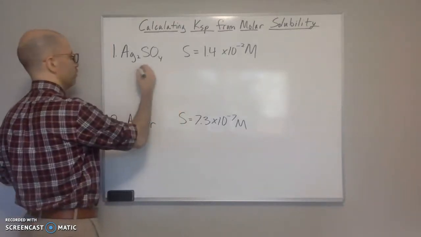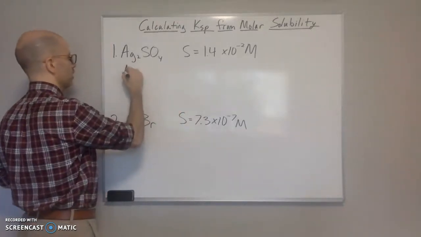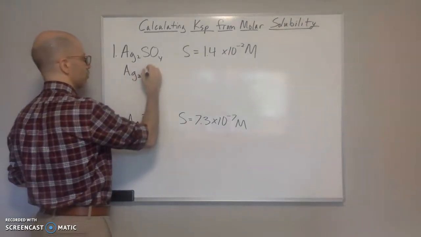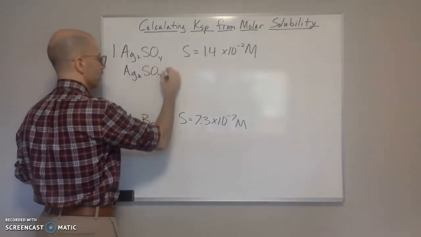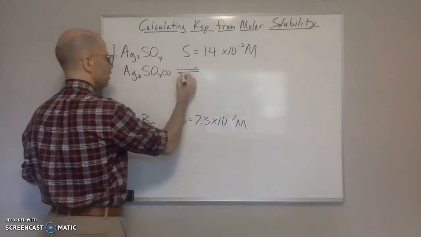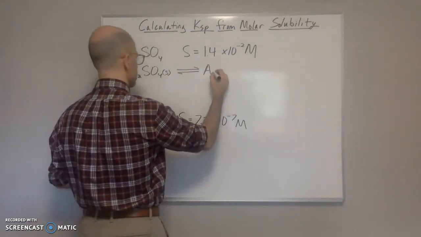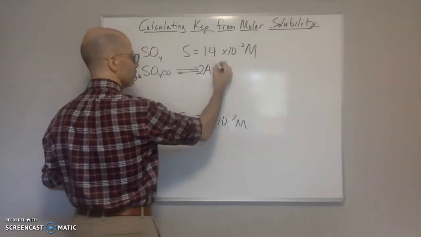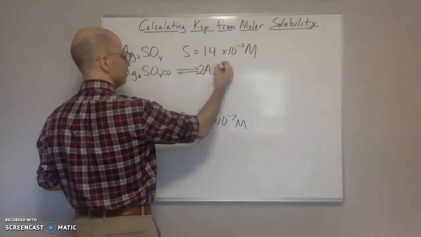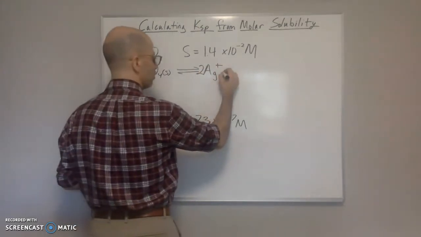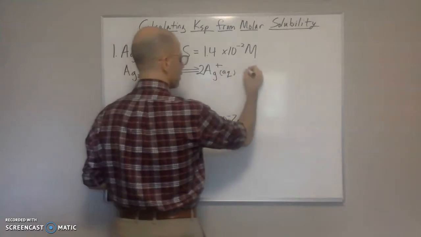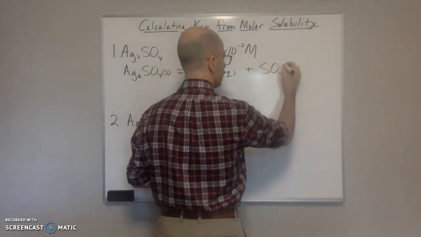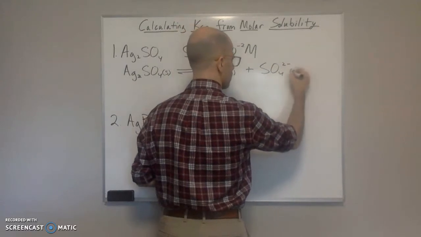So for this one it would be silver sulfate solid going into silver ions. Okay, so you'd have two silver ions here, aqueous, plus sulfate ion, aqueous.